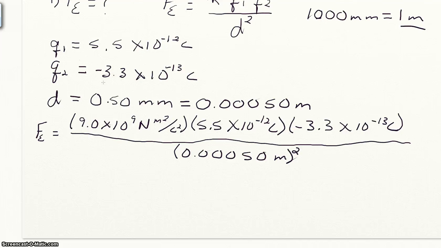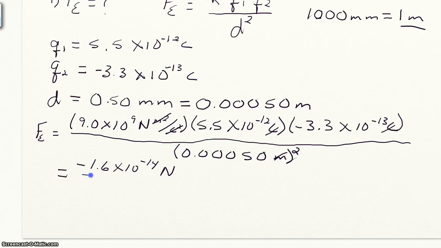So I have this all equal to, I'm going to do the numerator first. So here, the numerator, I've got negative 1.6 times 10 to the negative 14th. And if you wanted to go back and cancel the units, these coulombs are going to cancel out here, and the meters are going to cancel out because they're going to be squared, and you're going to be left with newtons.